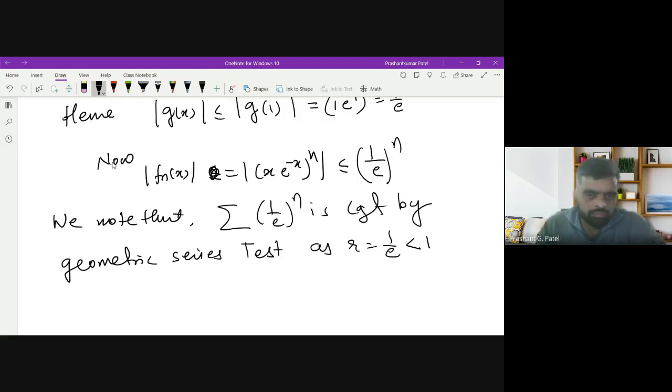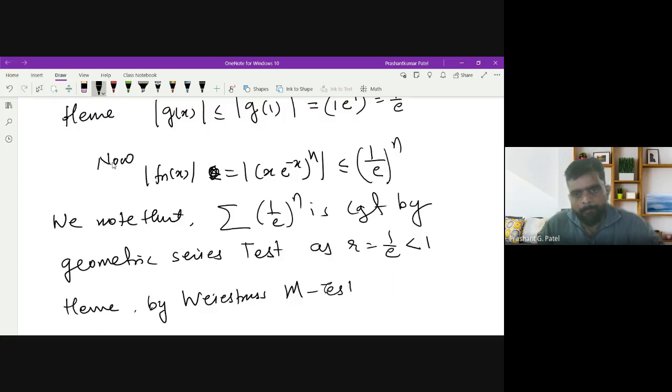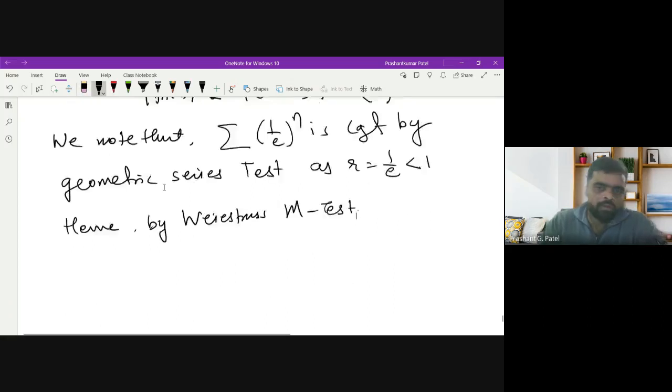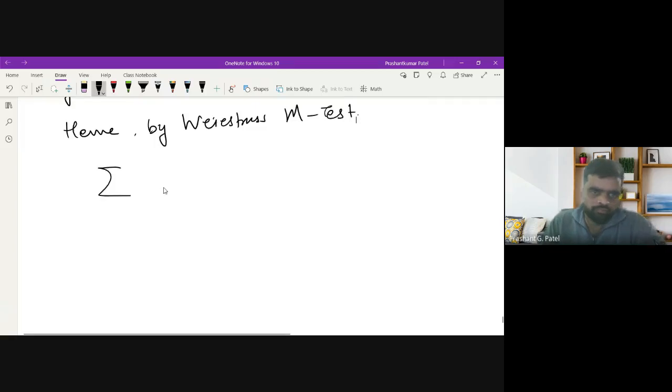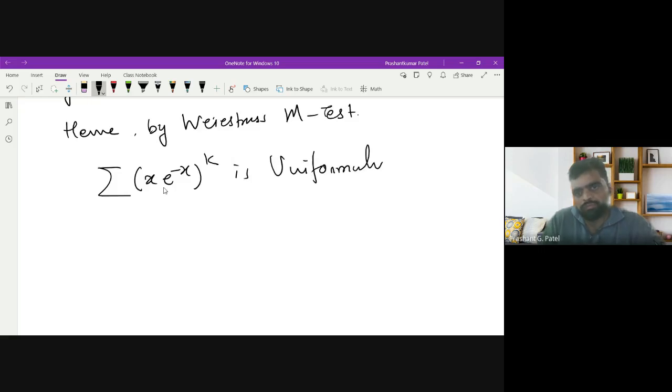So hence by Weierstrass M test, the summation of x into e power minus x to the power k is uniformly convergent. In that manner, you can solve many examples based on uniform convergence of a series.